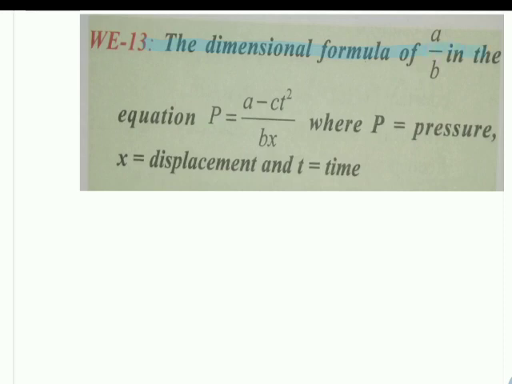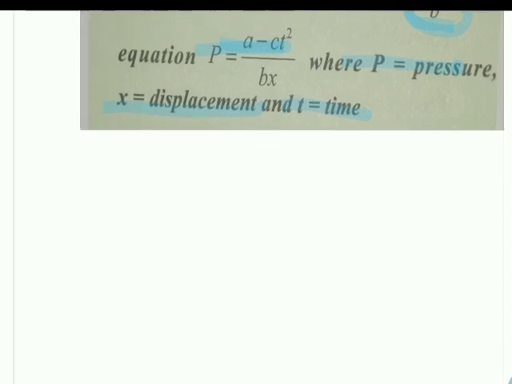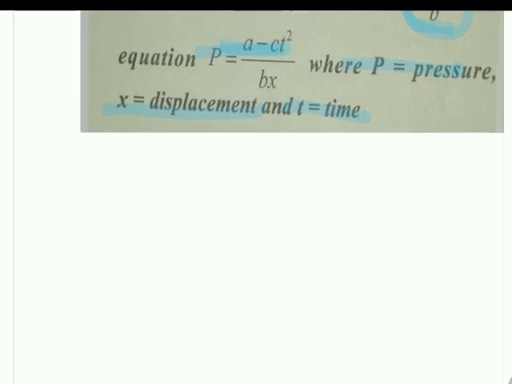Dimensional formula of A by B in the equation P is equal to A minus Ct square by Bx, where P is pressure, X is displacement, T is time. So now he is asking what is the dimensional formula of A by B. So he has given P is equal to A minus Ct square by Bx.